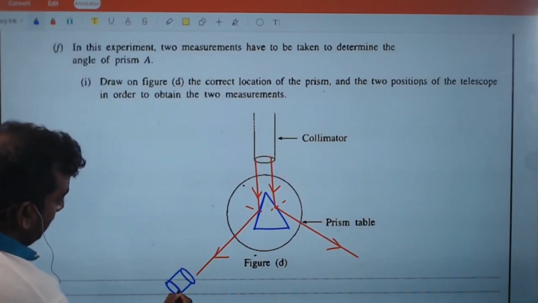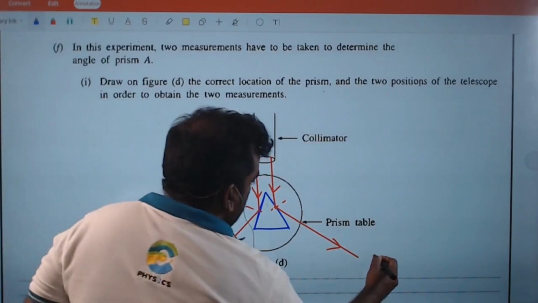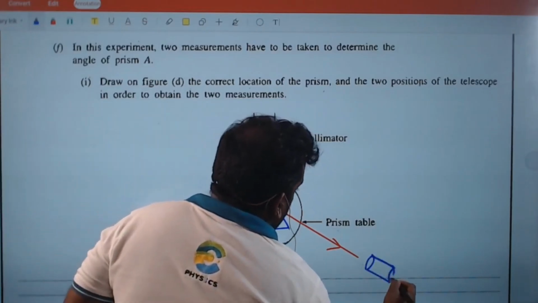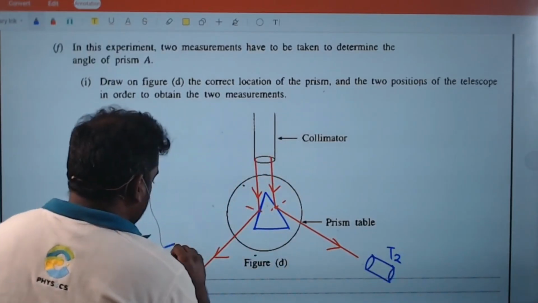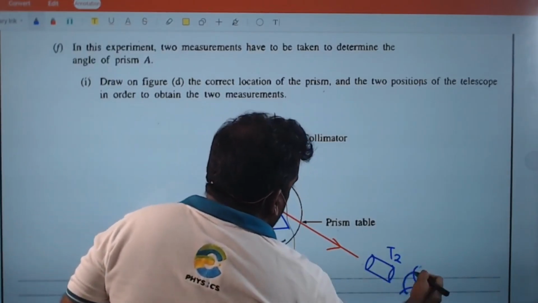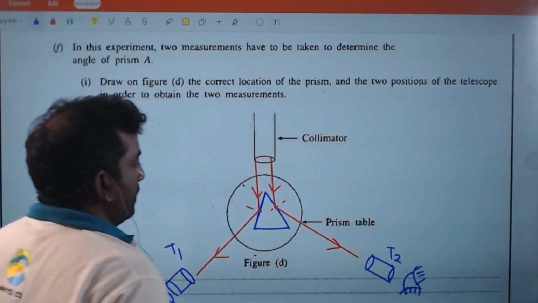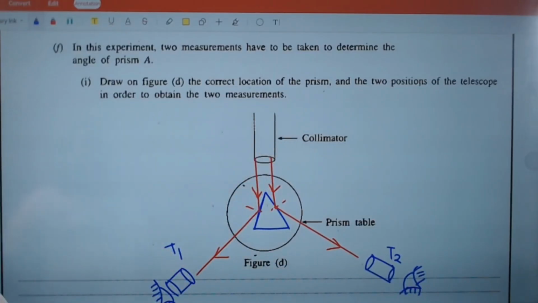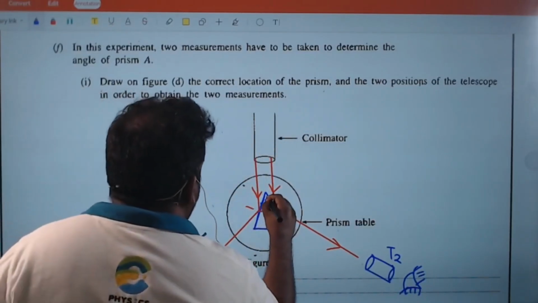So here you have the telescope, one portion here, the other portion of the telescope is here. Right. This is your prism angle A.